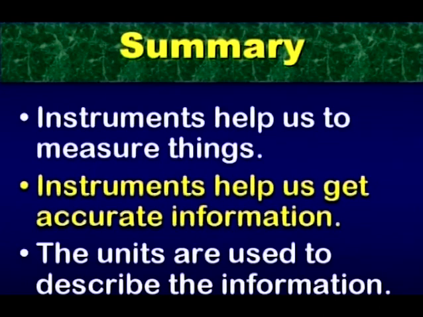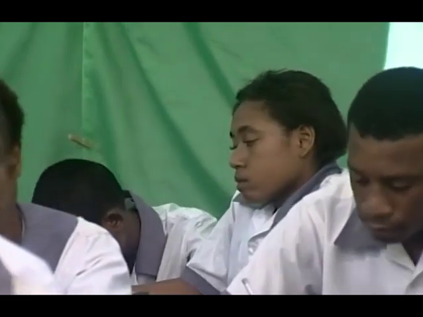Our key phrase. Anyone like to tell us our key phrase? What did we look at? I'll give you a clue. The clues are in front here. What is our key phrase? Marusha?